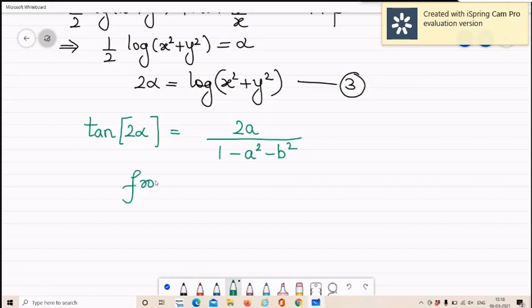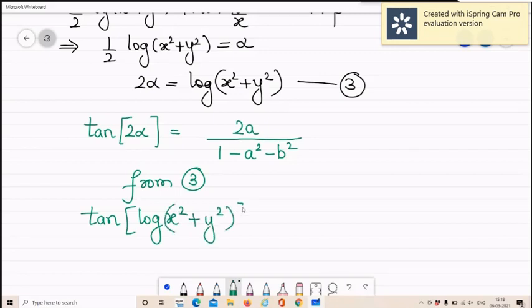And from 3, I can say that tan 2 alpha is nothing but, 2 alpha is nothing but log of x square plus y square. So that is 2a upon 1 minus a square minus b square.